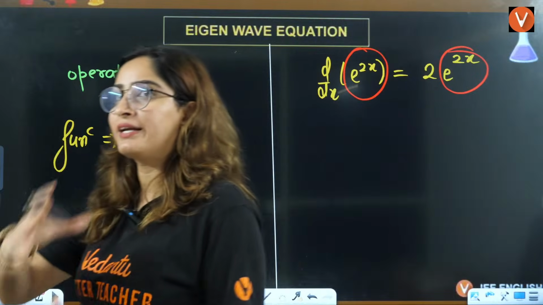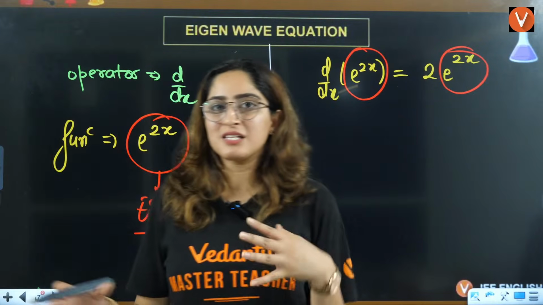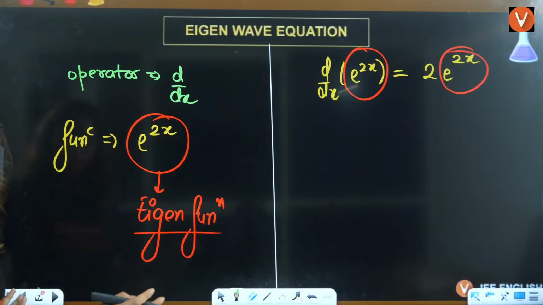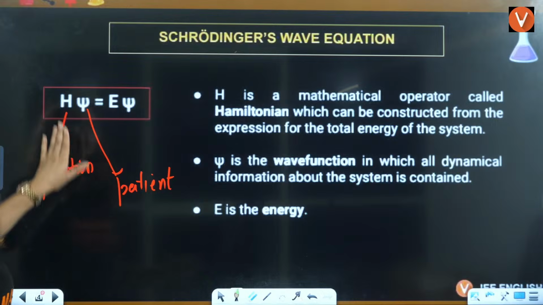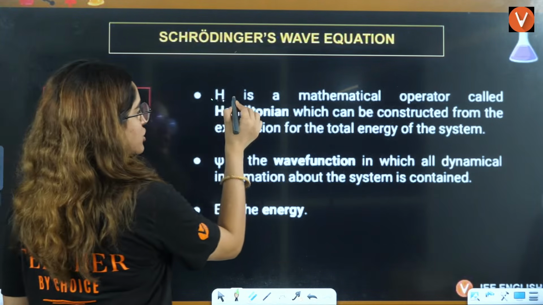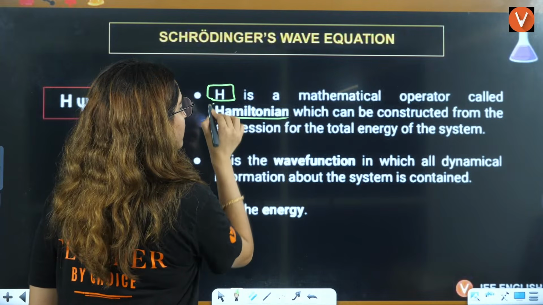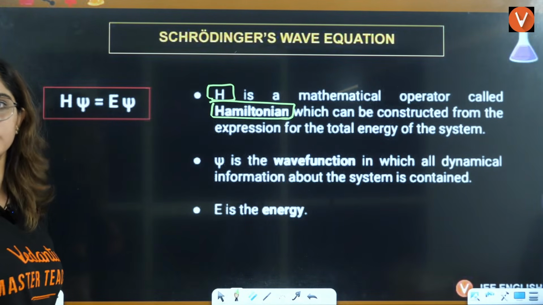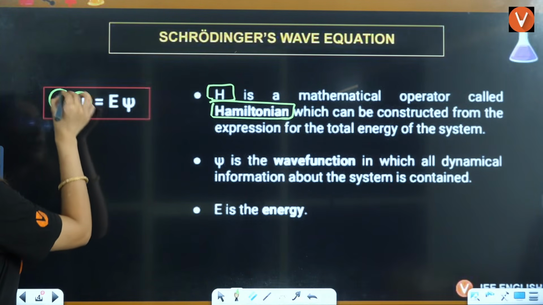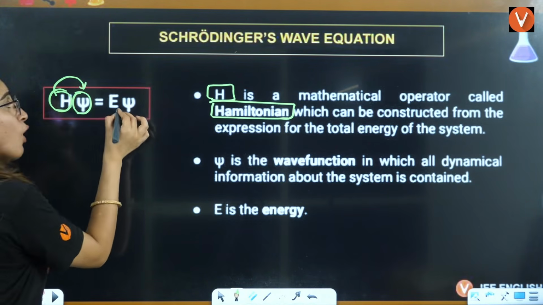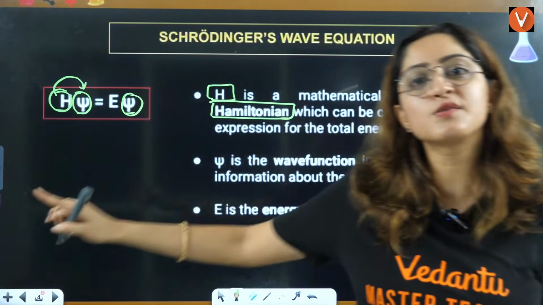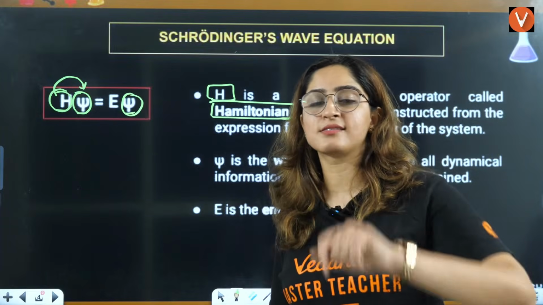What is operator, right? So just like I told you differential operator, similarly, there is an operator H that is called Hamiltonian operator, okay? And this is the function. When this operator is applied to the function, your wave function is as it is. Now tell me, is this wave function eigen? Yes.